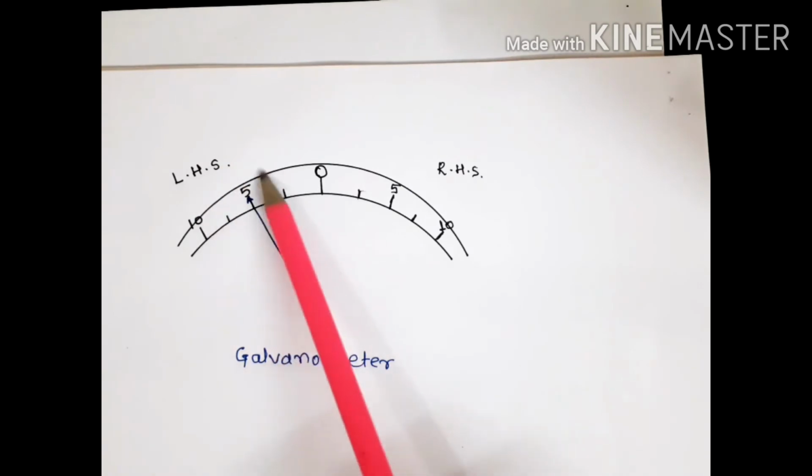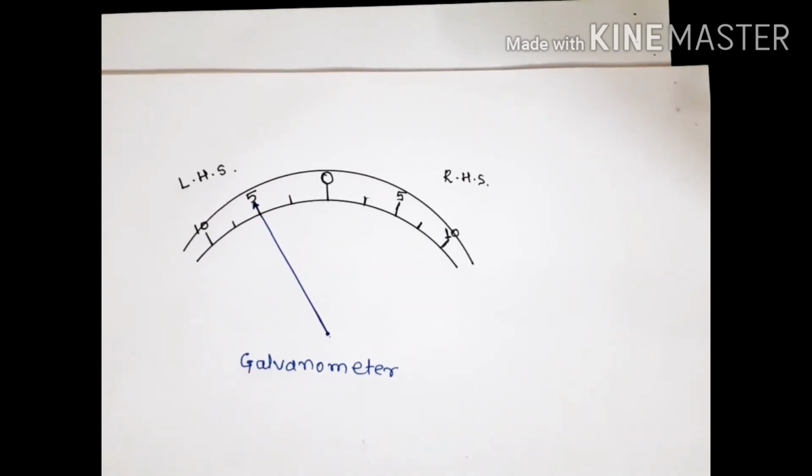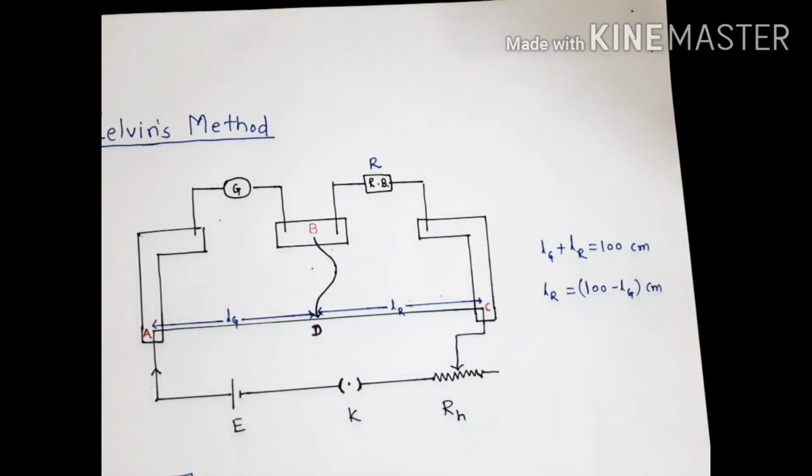You note this reading. Then if we touch the jockey at point A, and then at point C, the galvanometer needle must show the opposite side deflection of phi. For that purpose, you adjust this rheostat RH. By properly adjusting this rheostat, the galvanometer needle must show opposite side deflection.